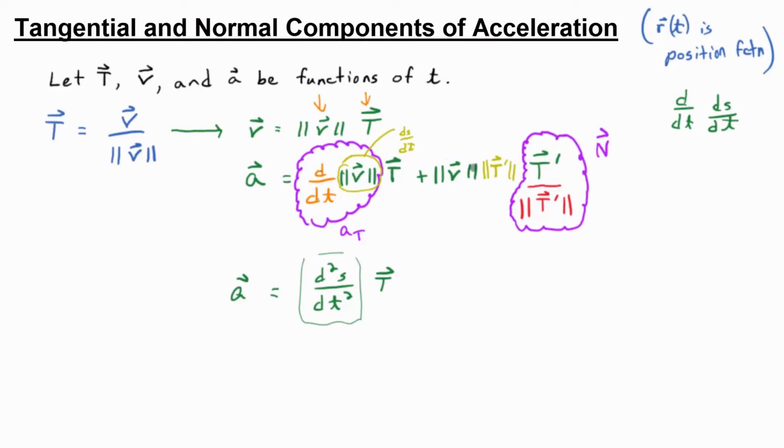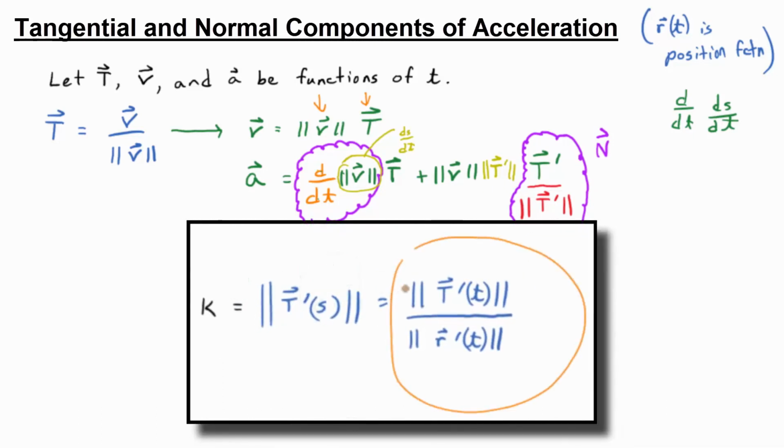Now, over here, I've got my n, so I'm gonna keep that n, that guy in purple. I'm gonna keep that n, and then I wanna come up with an interpretation for this guy. Well, it's gonna be convenient. I drew that purple cloud a little too quickly there. It's gonna be convenient to get k in there somewhere, curvature. And what was a formula for curvature that has a magnitude of t prime in it?